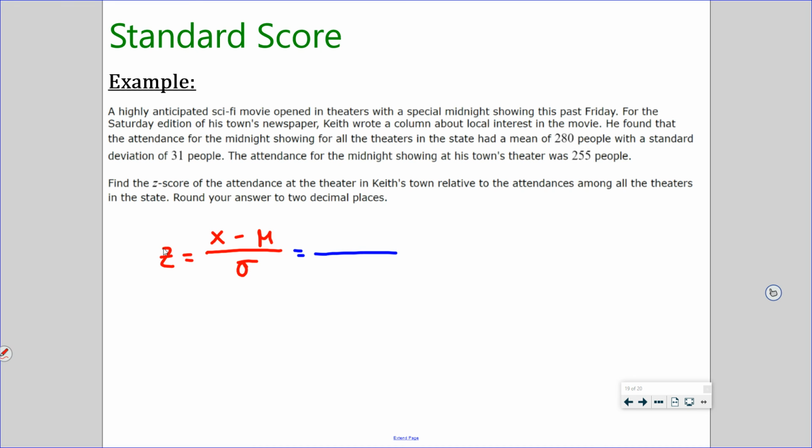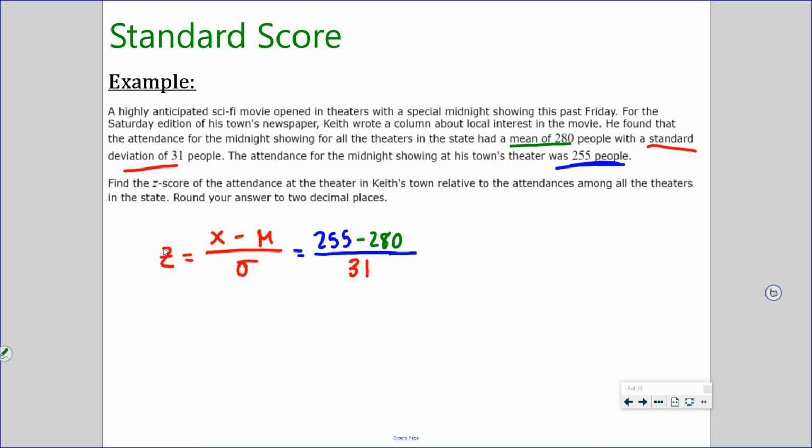They tell us our mean is 280 people and our standard deviation is 31. We want to calculate that for the midnight showing when it was 255. There's my data value.